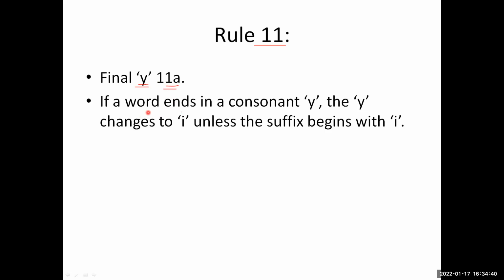It says if a word ends in a consonant plus Y, the Y changes to I, unless the suffix begins with I. So you need to understand that if any word ends with Y and there is a suffix to that, in that case it will change into I. See the example here, we can take cry.